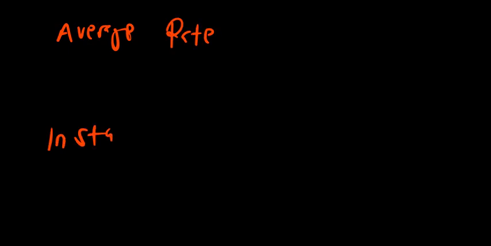Okay, now when you're finding the rate, there's what we call the average rate, okay, and the instantaneous. Now when you're finding the average rate, you're trying to find the average between the two points.